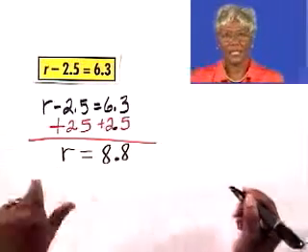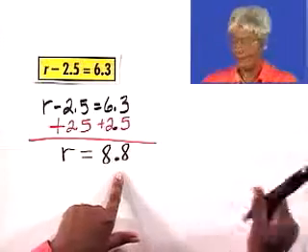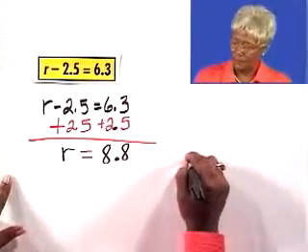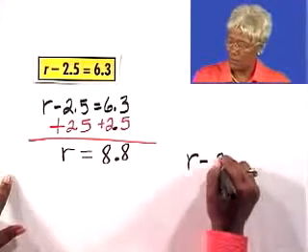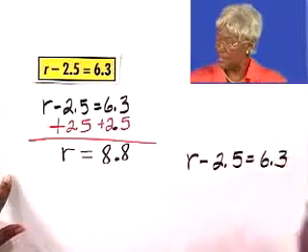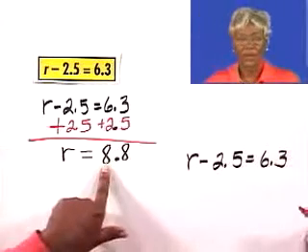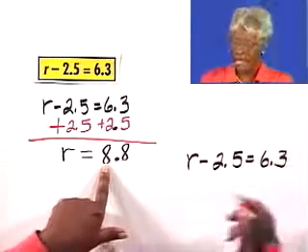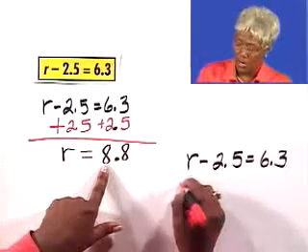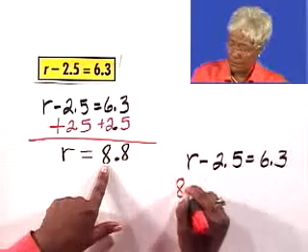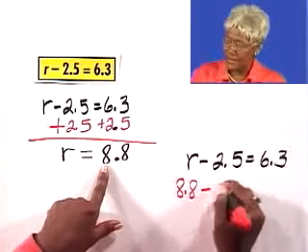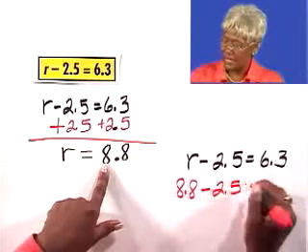Well, let's check to see if the solution is correct. I'm going to rewrite the equation again. The way you check it is to simply substitute the value of r into the original equation. So I'm going to substitute in place of r 8 8/10 minus 2 5/10.